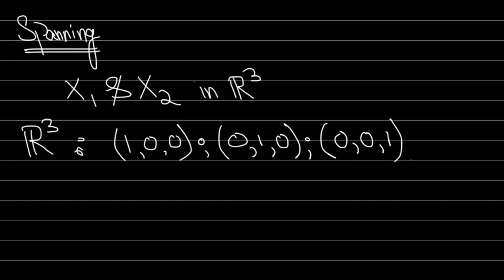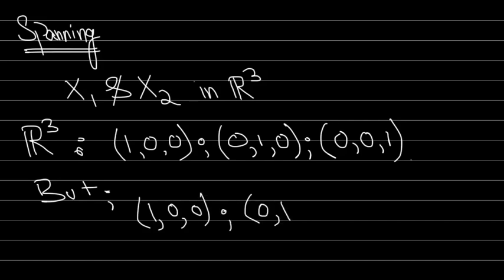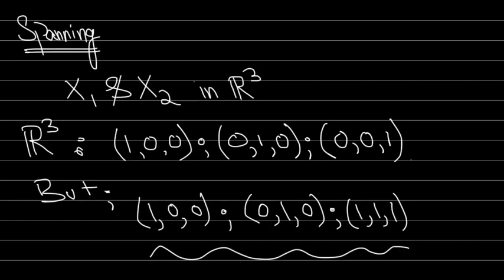Well, if you look at this set, it is a linearly independent set and it forms a basis, right? So it's going to form a basis for a vector space. But if you look at this set of vectors, that is 1, 0, 0, and 0, 1, 0, and say you have 1, 1, 1, this set also forms a basis, right?